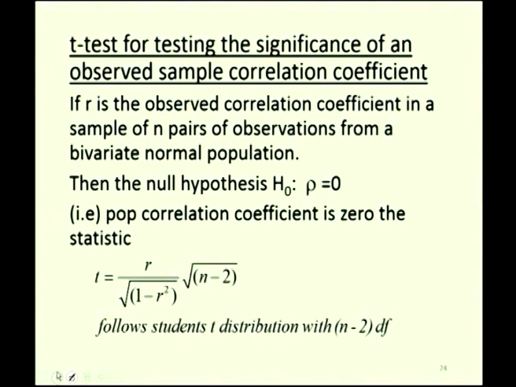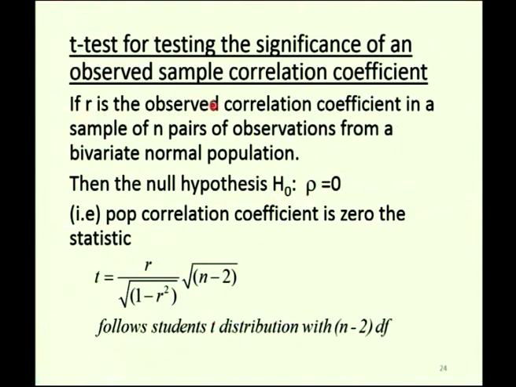Next, after discussing t-test for single mean, t-test for difference of means and t-test for paired observations, the next continuance in discussion of t-test is t-test for testing the significance of an observed sample correlation coefficient. Now, if R is the observed sample correlation coefficient in a sample of n pairs of observations from a bivariate normal population, then the null hypothesis H naught is such that rho is equal to 0.